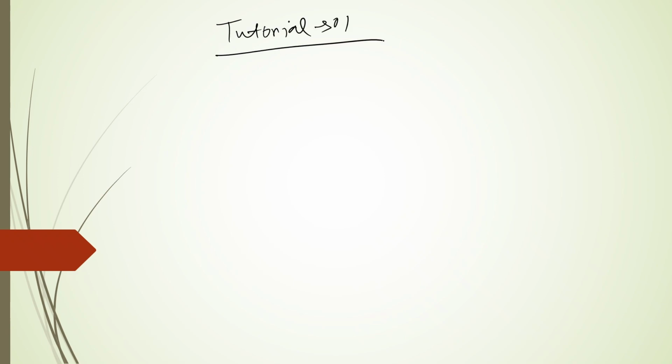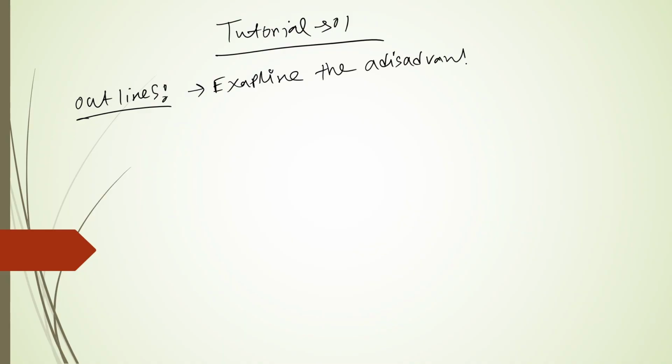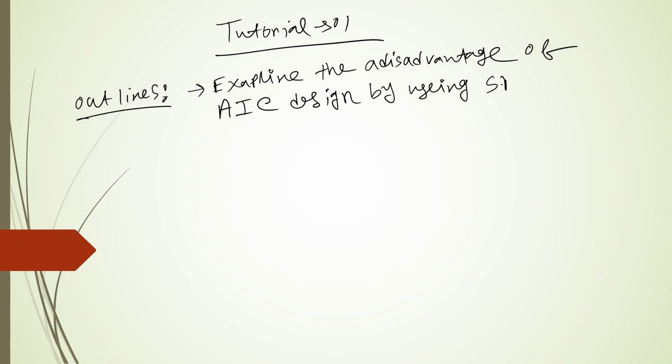Our outline is: we will explain today the disadvantage of analog IC design by using the square law. All right, square law.